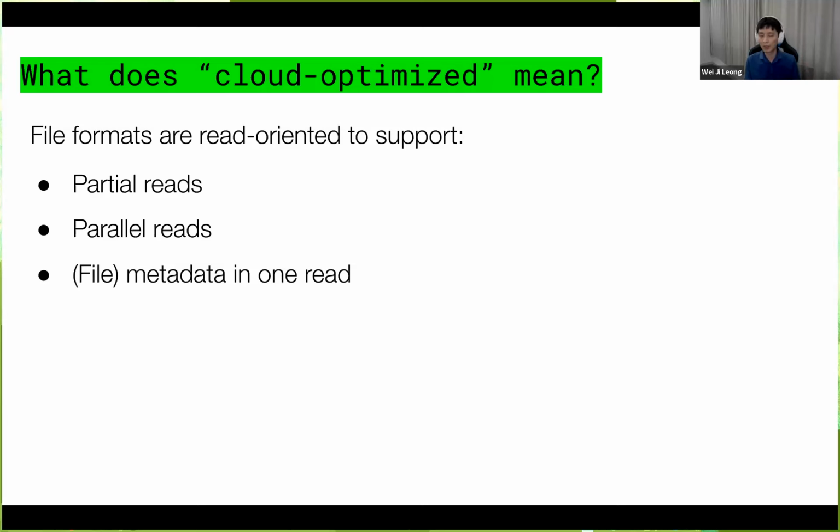That metadata contains a pointer to parts within that file. For example, if you want to look at a video at 1 hour, the metadata can point you to where to look. That helps with the partial reads. So that's the core of what cloud optimized means: they're designed to be read efficiently.